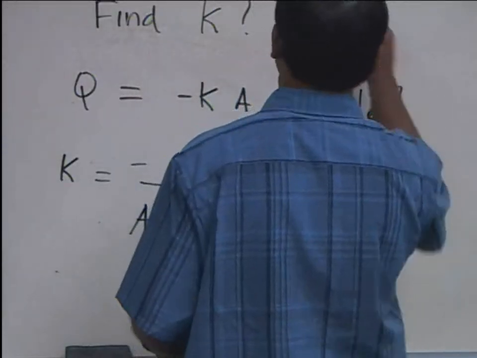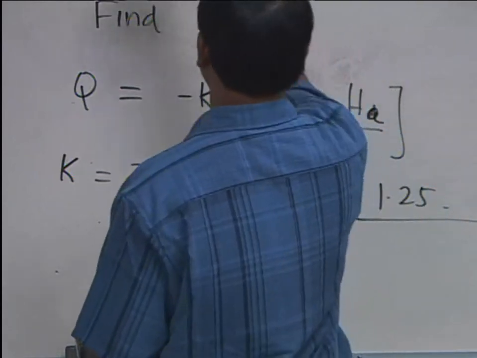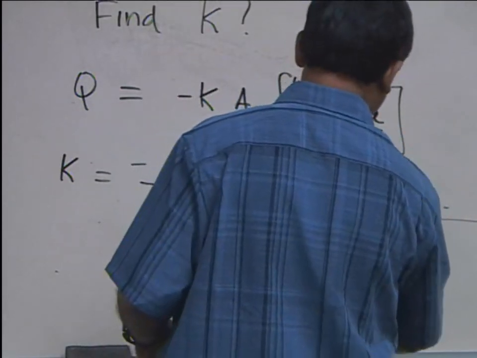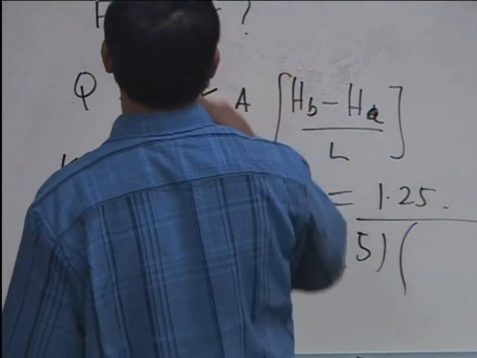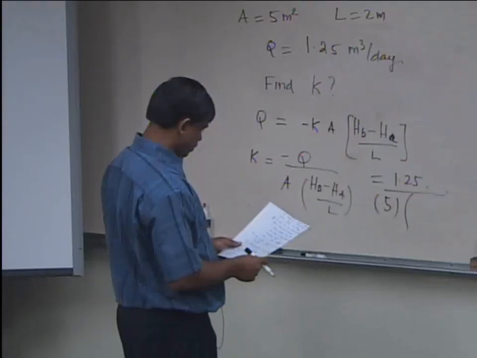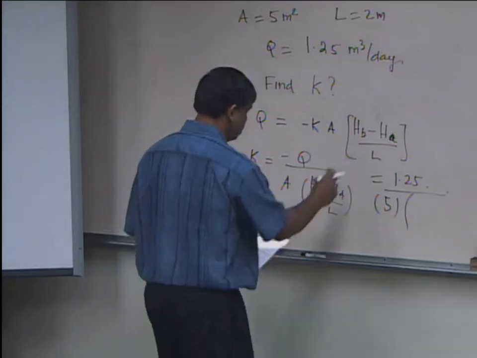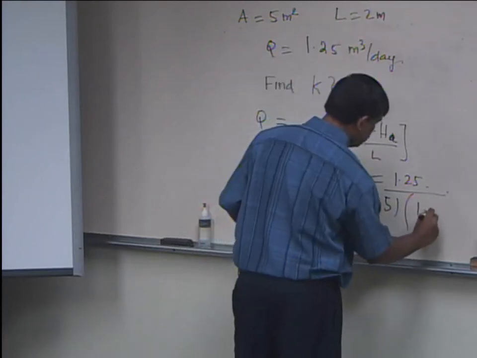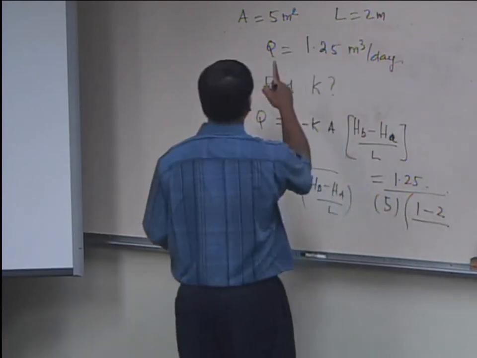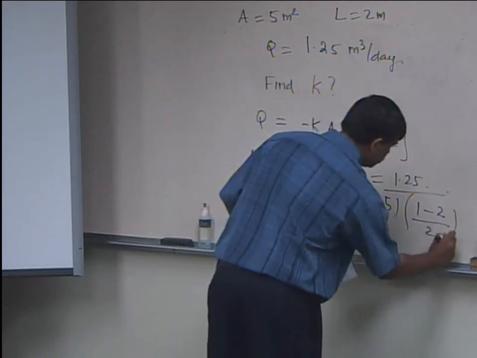So Q is given, 1.25, A is 5, and it's HB minus HA. HB is 1 minus 2, divided by length. What is length? 2.